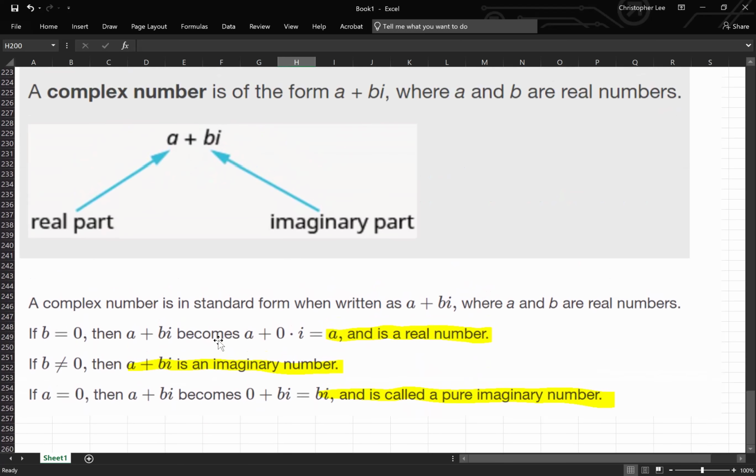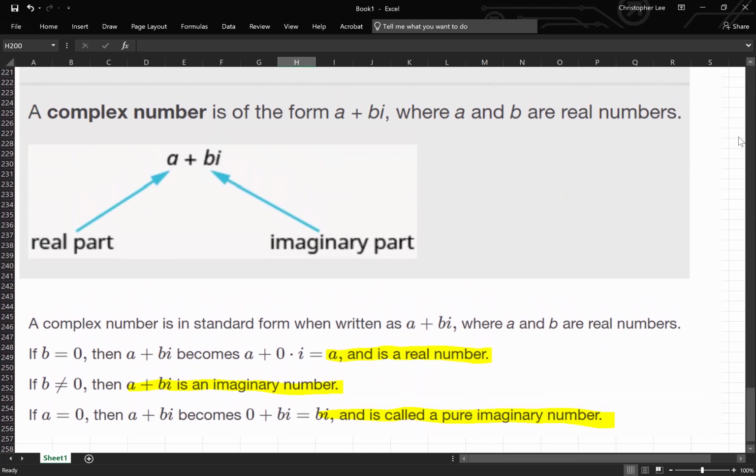So a complex number is in standard form when it is written as a plus bi, where a and b are real numbers. If b is equal to 0, then a plus bi becomes a plus 0 times i, of course, which is equal to a, and this is a real number. All right.